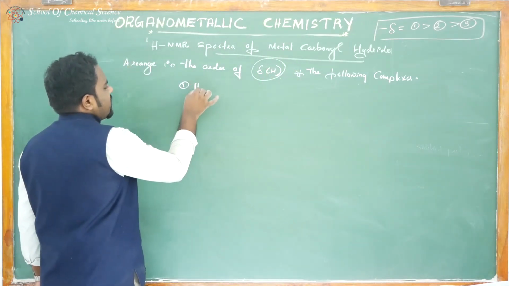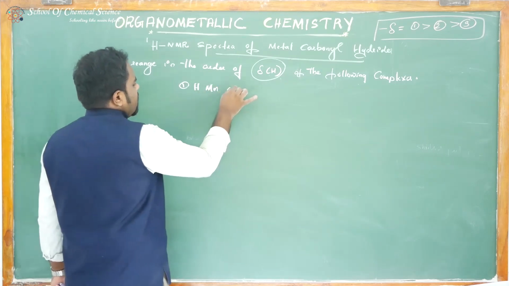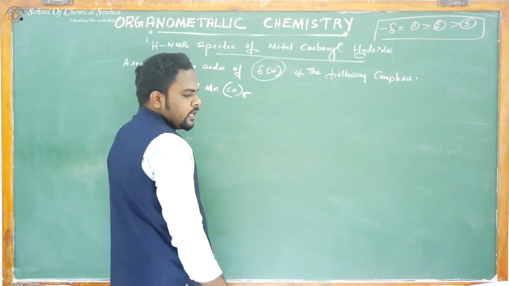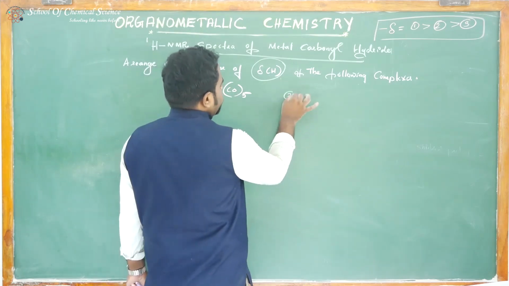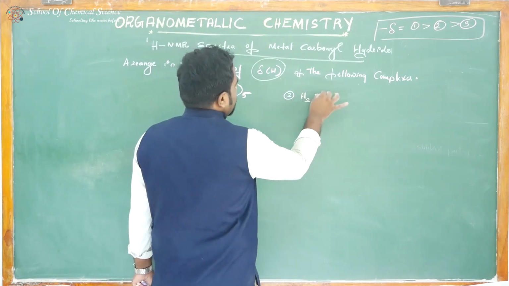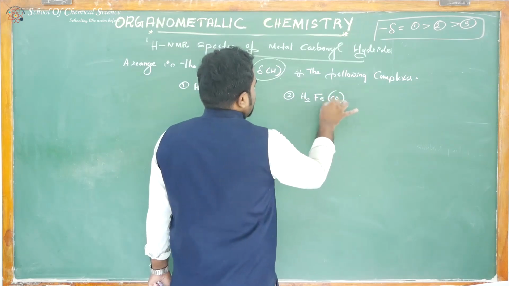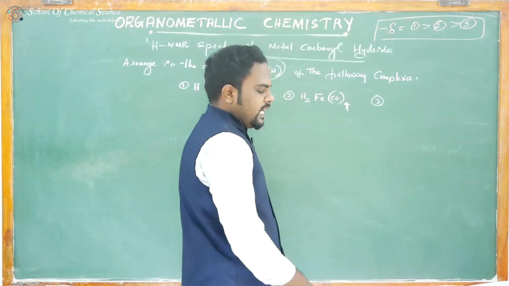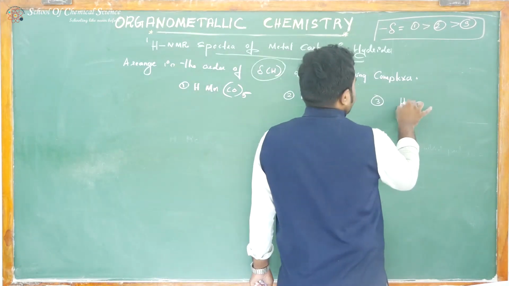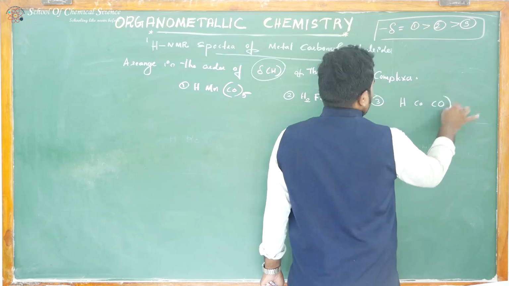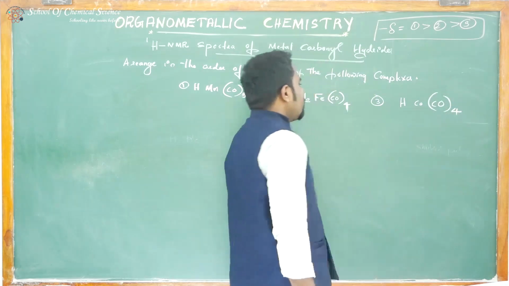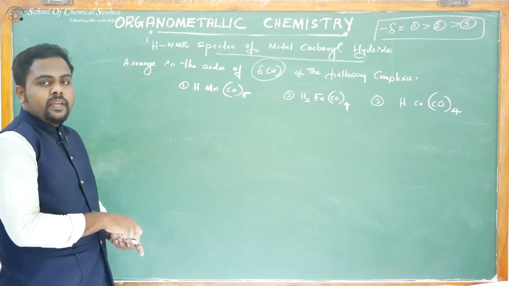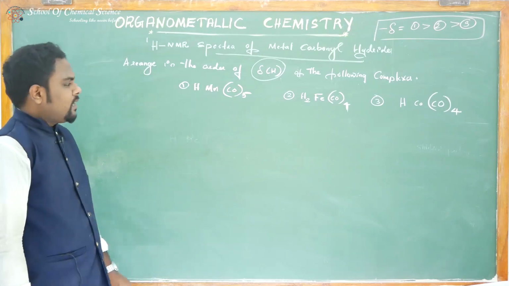First one, HMn(CO)5, then H2Fe(CO)4, third one HCo(CO)4. Manganese, iron, cobalt belong to the same period, 3D series elements.